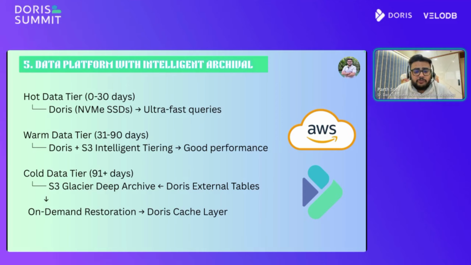After that, we have the warm tier for 30 to 90 days of retention. Doris with S3 as a storage backend, still fast, dramatically cheaper, great for occasional access. Now we have the cold tier for 90 plus days. We use S3 Glacier for archival of rarely queried data, minimal cost, but still queryable through Doris external tables.